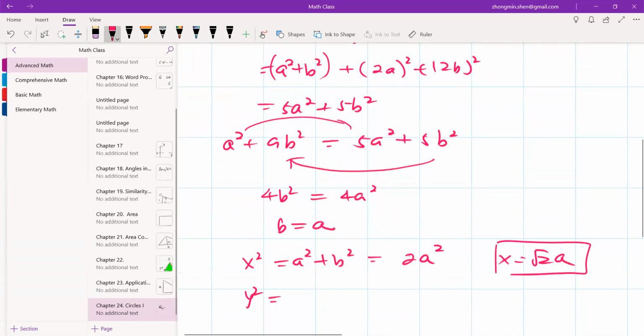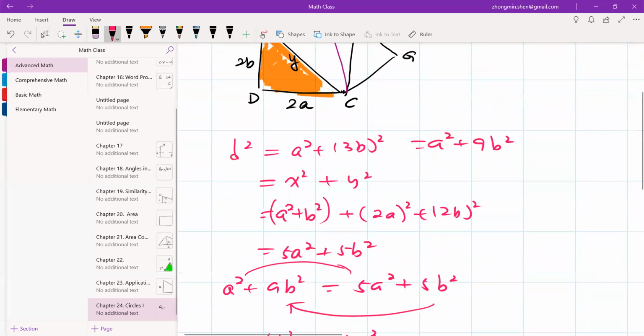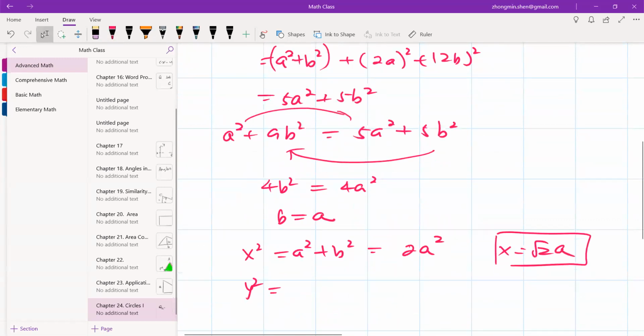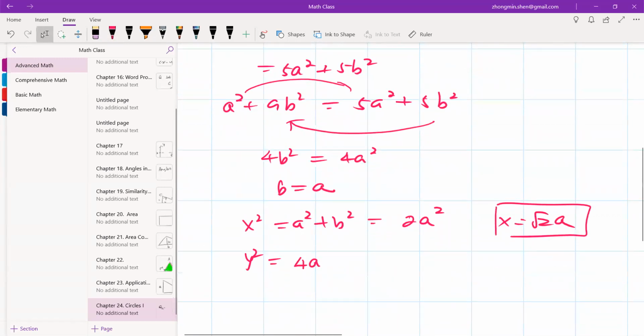And Y squared equals 2A squared plus 2B squared, so actually it's 4A squared plus 4B squared, and then you have 8A squared. So Y is going to be square root 8 times A.